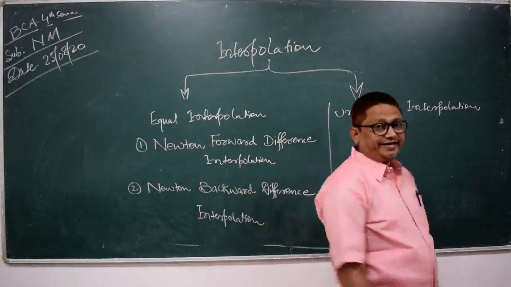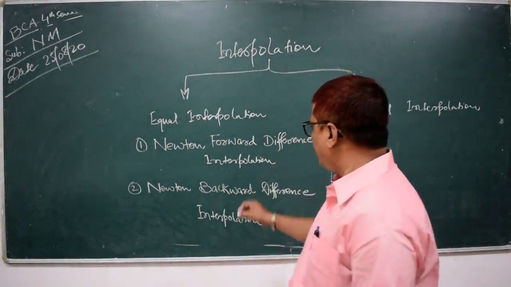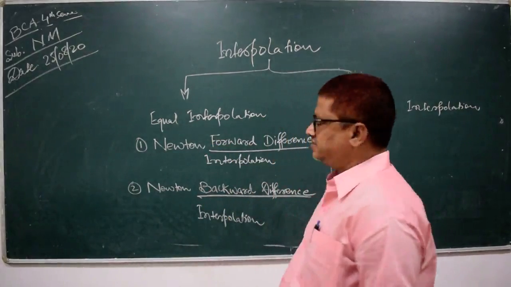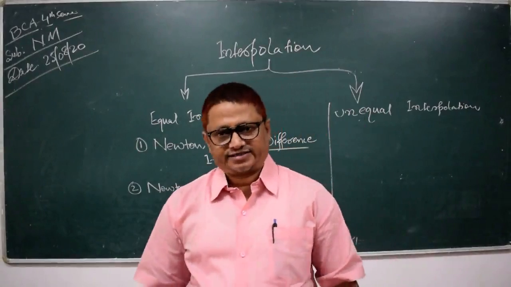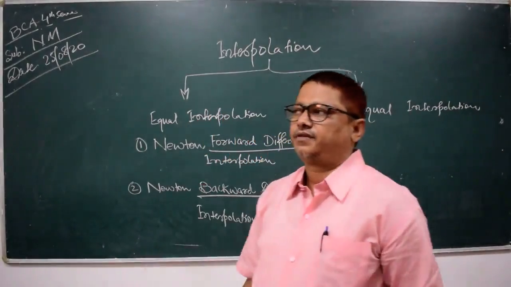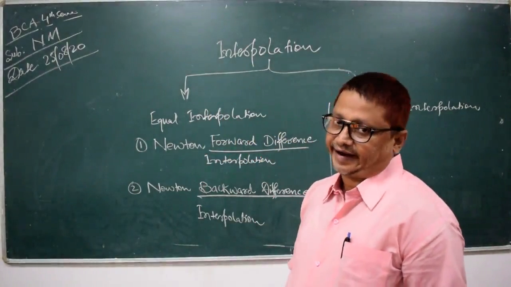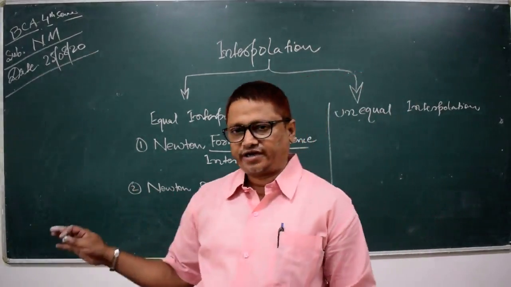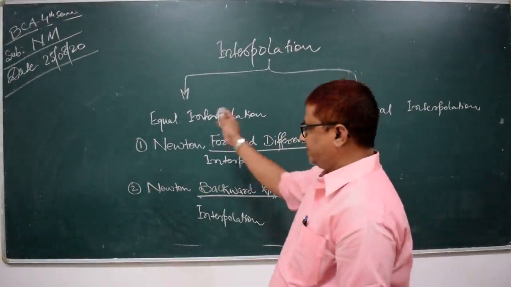There are two methods in equal: one is the Newton forward difference, another one is the Newton backward difference, on the side of equal.